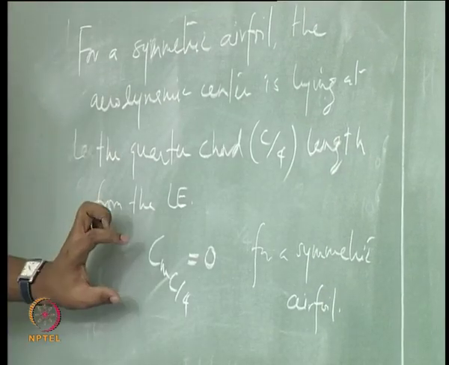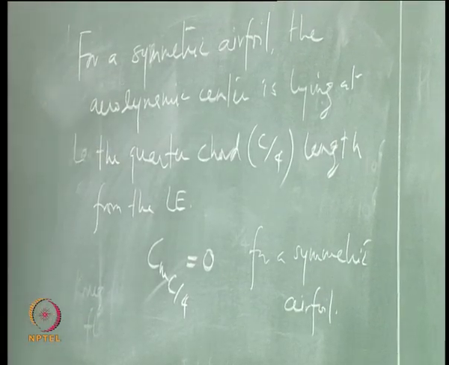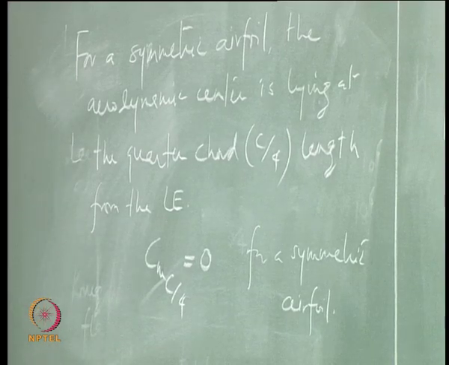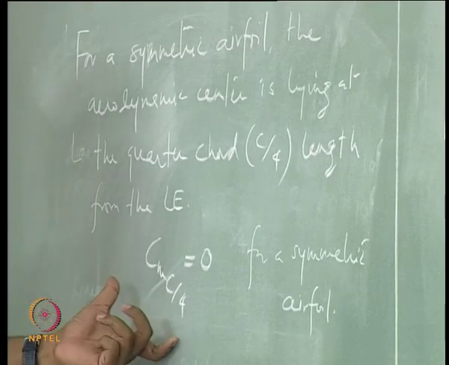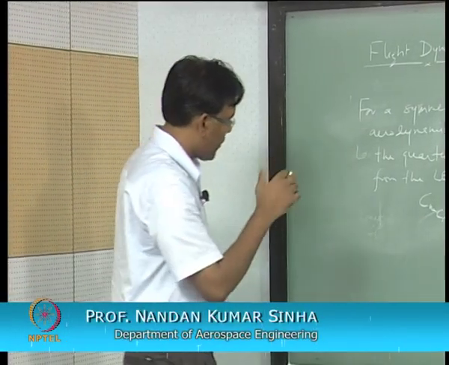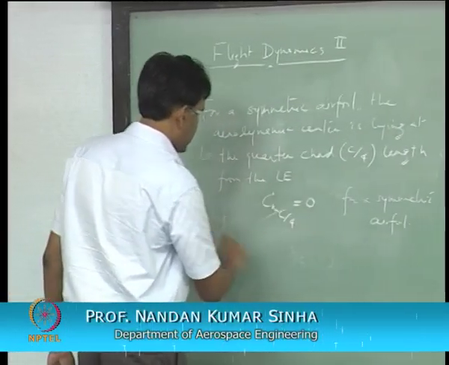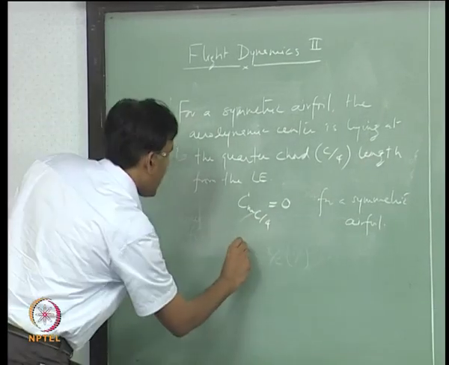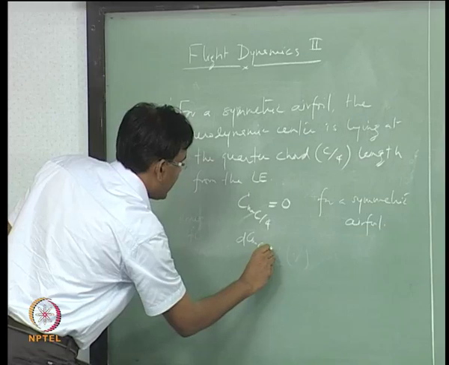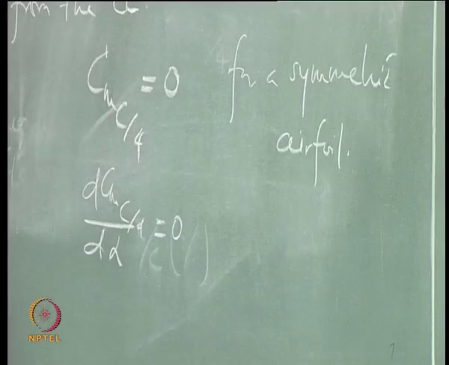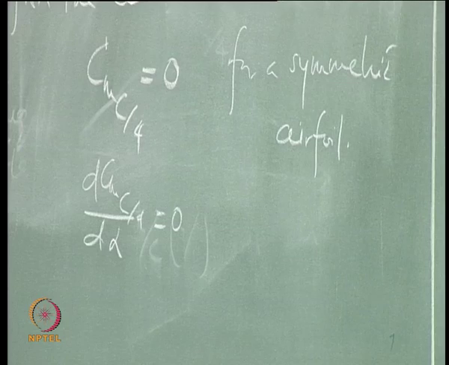So, what it means is, in the case of a symmetric airfoil, the aerodynamic loads are acting at the quarter chord length, so there is no moment created because of the loads. So, Cm c/4 is 0, and dCm c/4 is also 0. Okay.